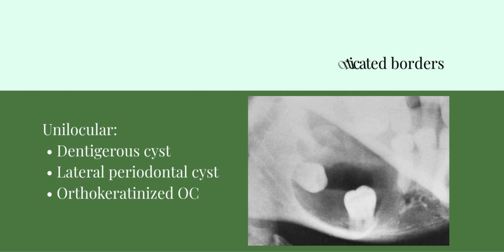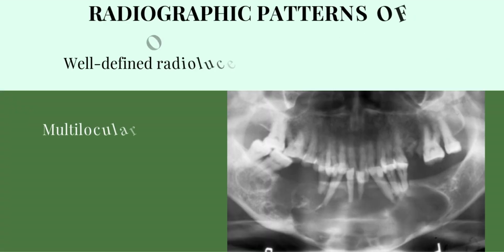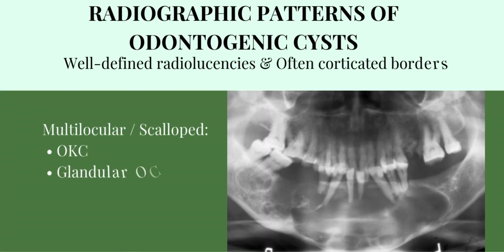Some cysts, especially the OKC and the GOC, may show a multilocular or scalloped pattern, giving them a more aggressive appearance. As in this slide, you can see a radiograph. This radiograph represents a case of glandular odontogenic cyst.